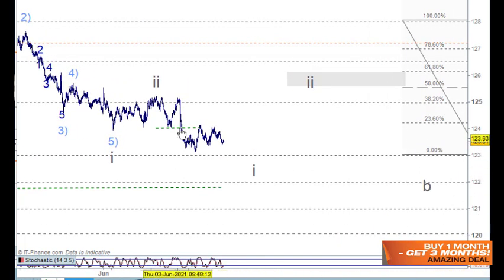Then I'll look at the structure here, and I can see 5 waves in this move here. So should I really put this wave 2 here, and should it be a wave 2? Should it be a wave 4? And is that the low here, or do we have one more low to come into play here, and then have a bounce and then come down?